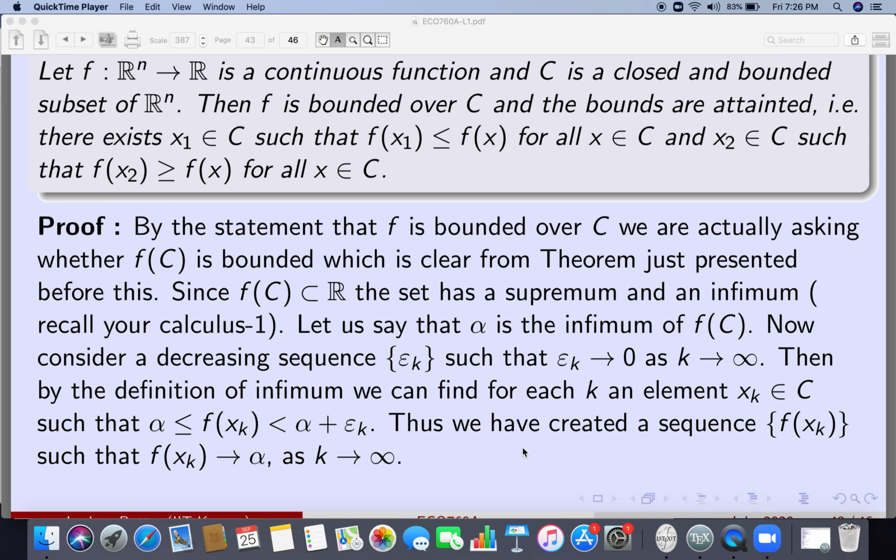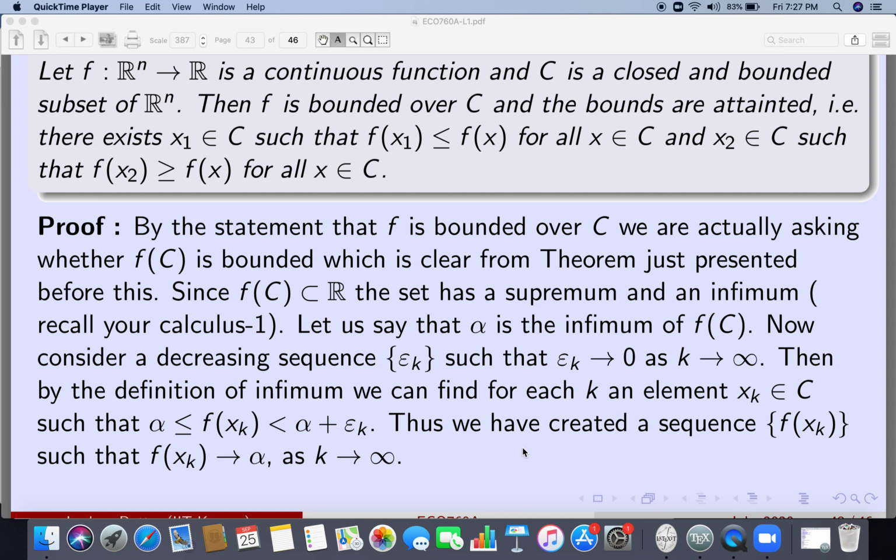Those who remember what they learned in calculus, math 101: there is a capital M such that f of x is less than or equal to M, and there is a small m such that small m is less than or equal to f of x for all x.